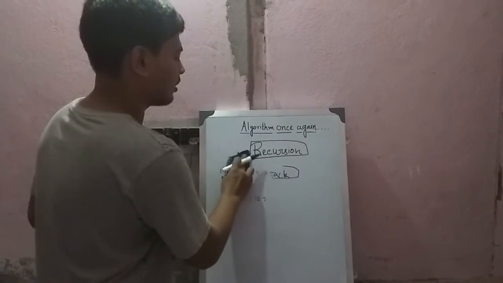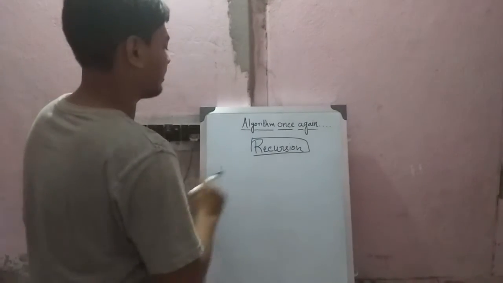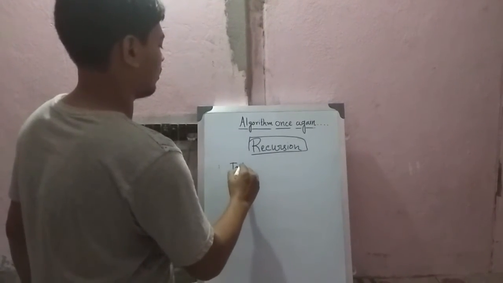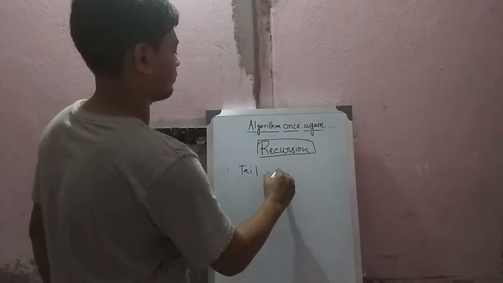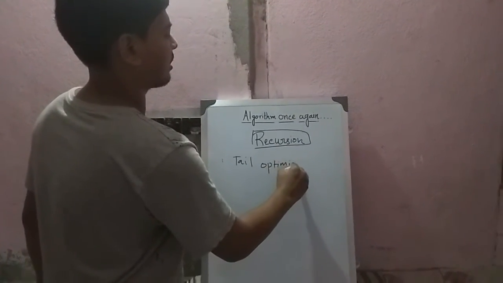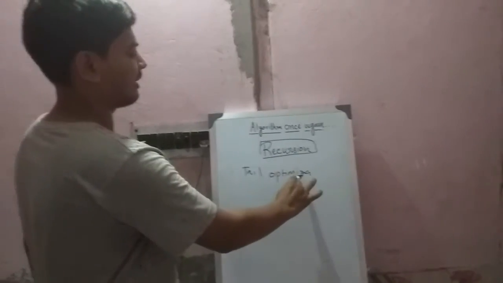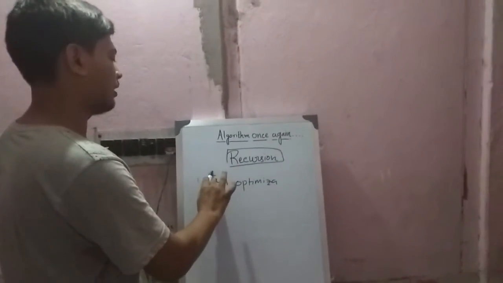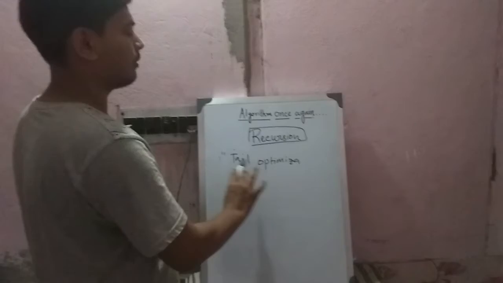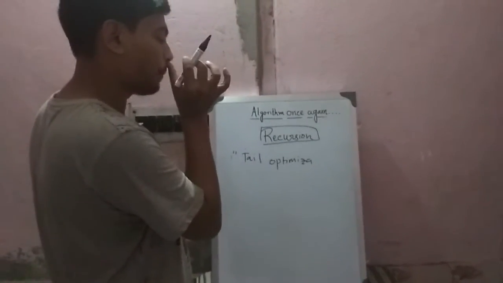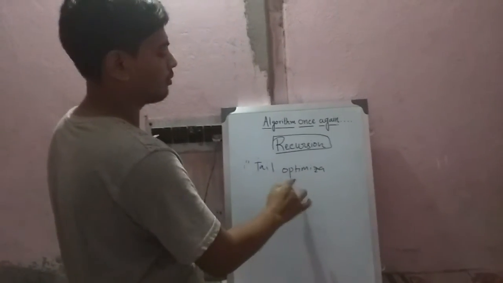What is the catch? There is a concept called tail optimization. Again, don't get scared by big terms like that. I will discuss it and make you feel very comfortable about these terms.